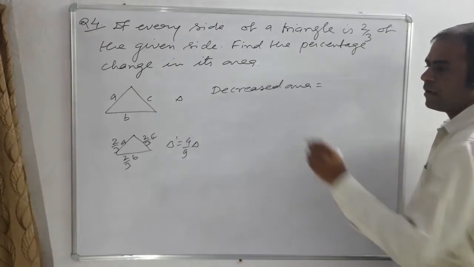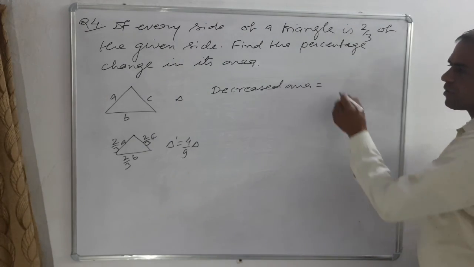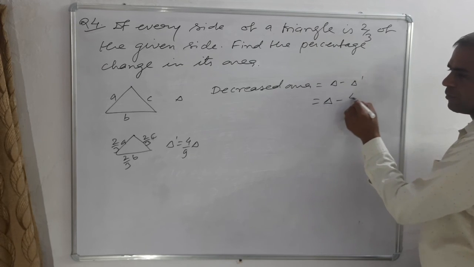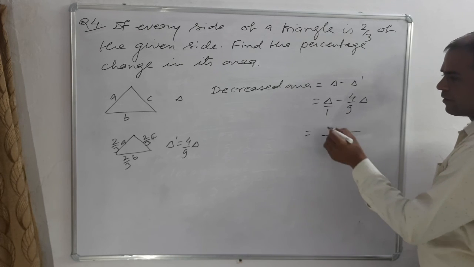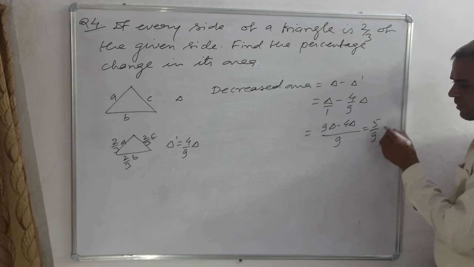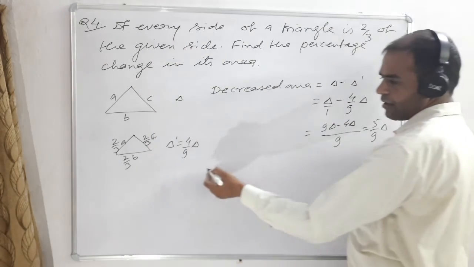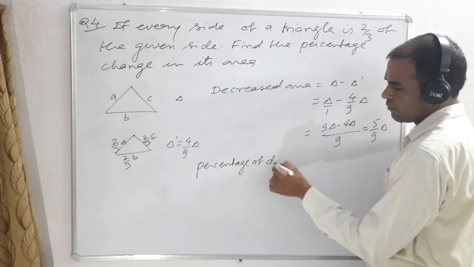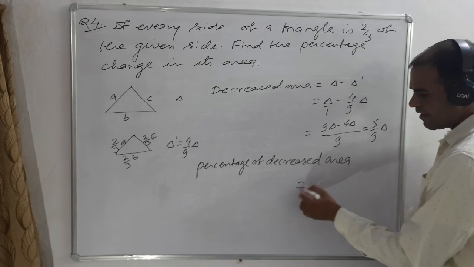is area of the given triangle minus area of the new triangle, del minus del dash. So del minus 4 by 9 del. Its LCM is 9, and 9 del minus 4 del, that is 5 by 9 del. 5 by 9 del is the decreased area. Again, percentage of decreased area.